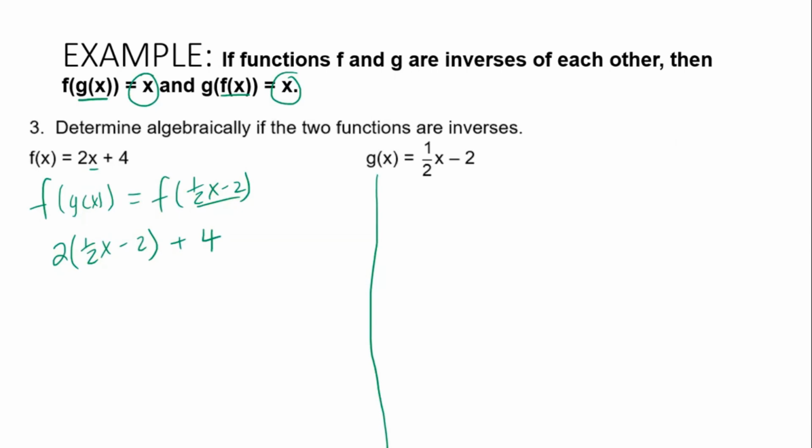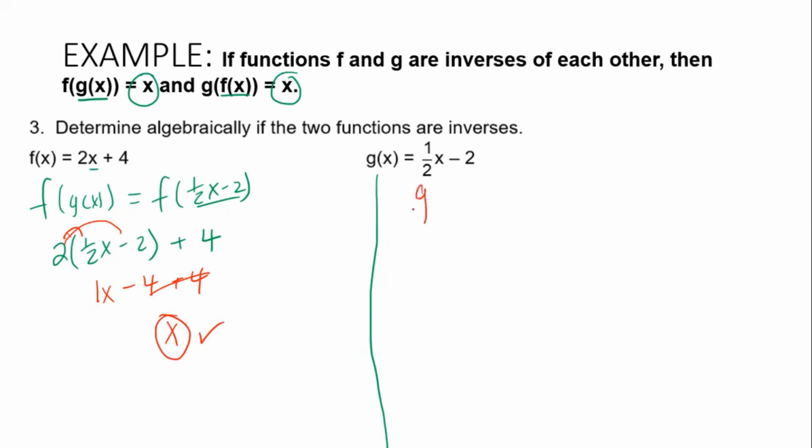So we're using our composition skills from before. Now we're going to distribute. Half of 2 is 1, x minus 4 plus 4. What happens to the -4 and the +4? And I'm left with x. So far we're on the right path. Checks out on that side.